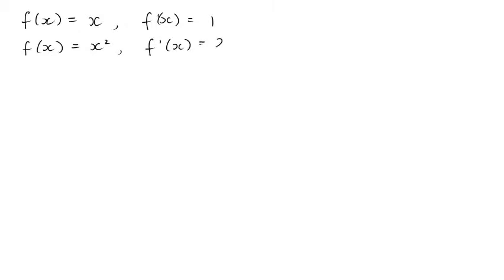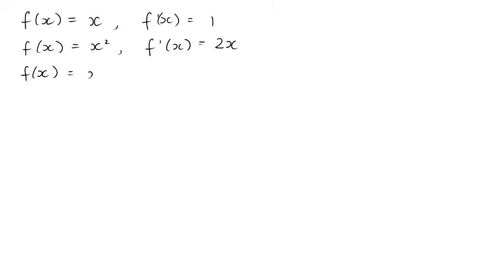So eventually what you get, if you do that with every basic term, if we have f of x equals x, and you do it all by first principles, you can do that at home if you want to, you find the derivative equals 1. If you have f of x equals 2x squared, the derivative equals 2x.